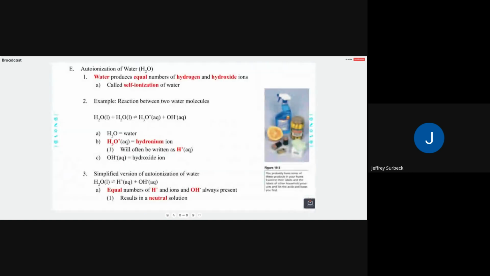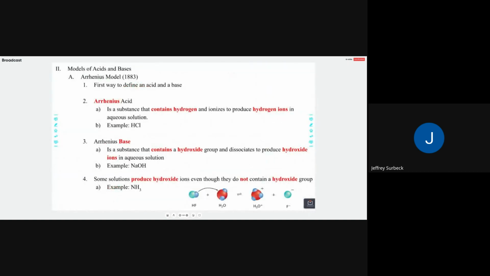All right, so moving on here, and now we can actually talk about acids and bases. So that was our simple information here. We're going to get more in depth with this. And so we classify acids and bases in a couple of different ways. Arrhenius, a scientist, came up with this in the late 1800s. He said that an acid has to contain a hydrogen, and the hydrogen has to be donated.